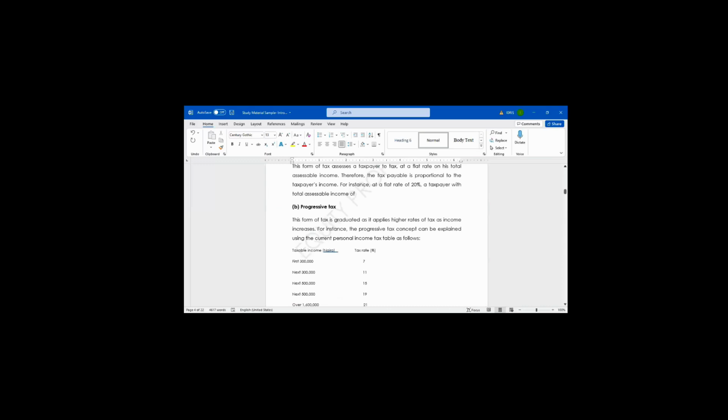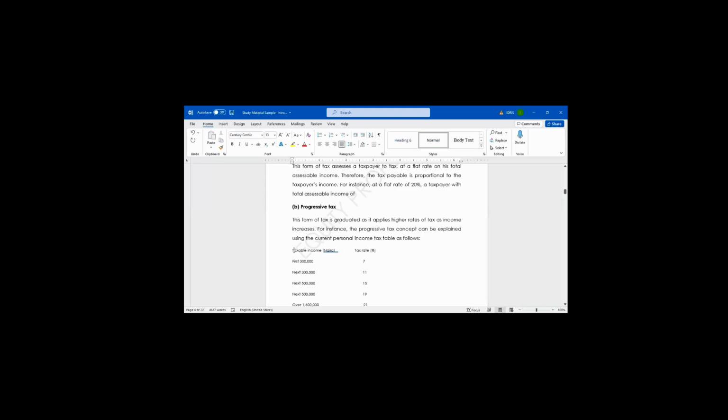An example of progressive tax is the current personal income tax table that we have. Under the personal income tax, if you want to compute PAYE for an employee, look at the table that we are using.